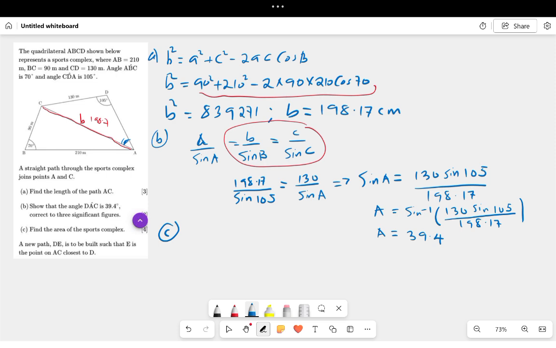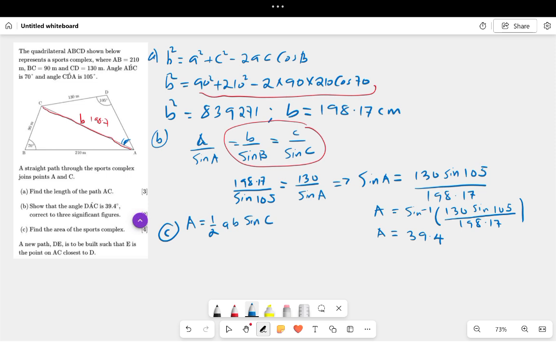Beginning with triangle ABC, we're not going to use half base times height because the two triangles are not right-angled triangles. So the best thing is to use the sine formula for the area, which is area equals 1 over 2 ab sine C.